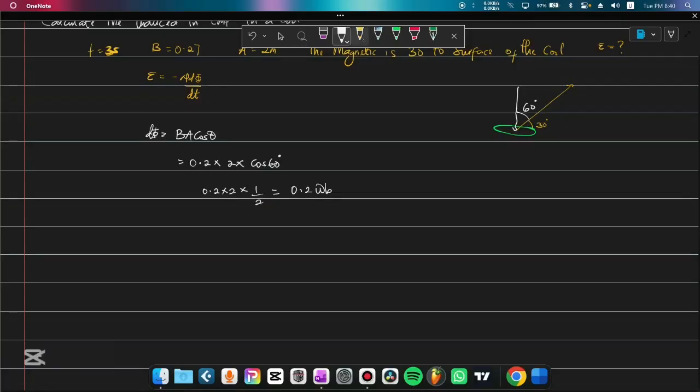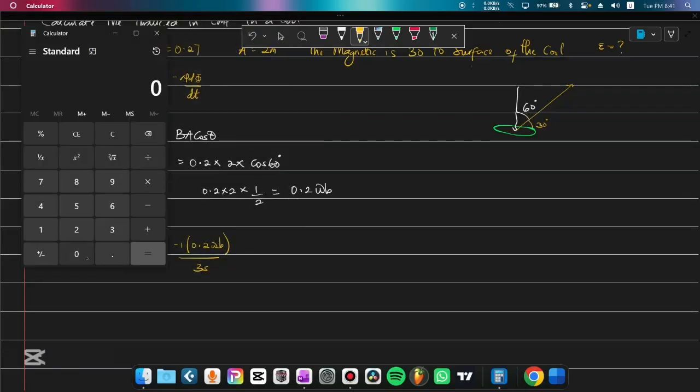Therefore, I can calculate the induced EMF to be, the number of turns wasn't given so it's taken as unit, 1, negative 1 into bracket 0.2 Weber divided by how many seconds? 3 seconds. And let's pull up a calculator.